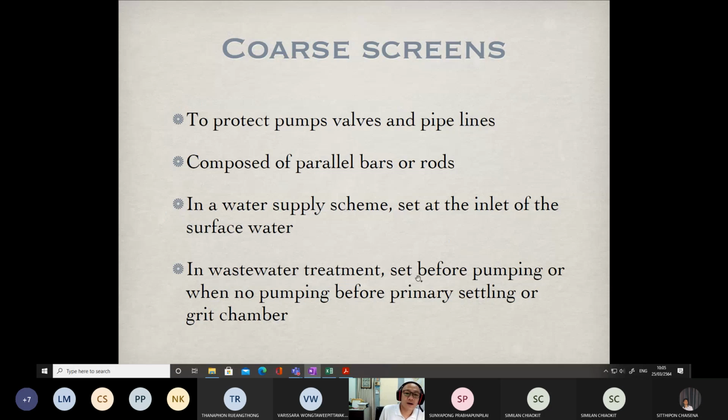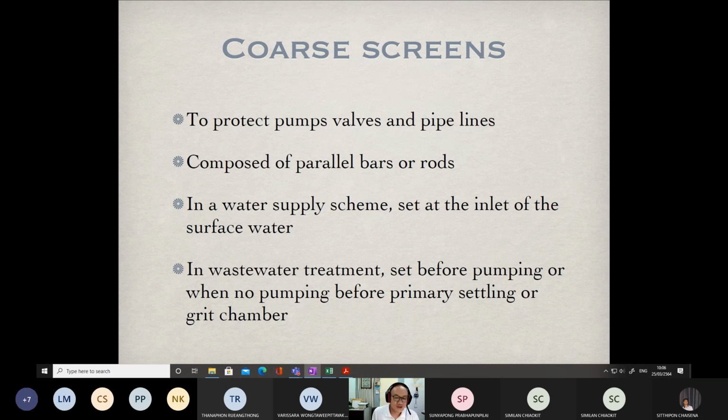These are the beneficial uses of the coarse screen. Why do we need to install these screens? Because we want to protect the mechanical equipment, or the moving equipment, from big objects, or sometimes we need to use them to remove or prevent aquatic organisms which may get into these plants.